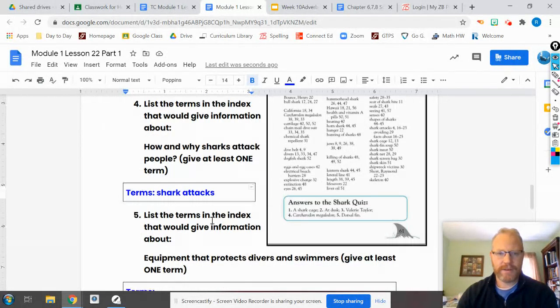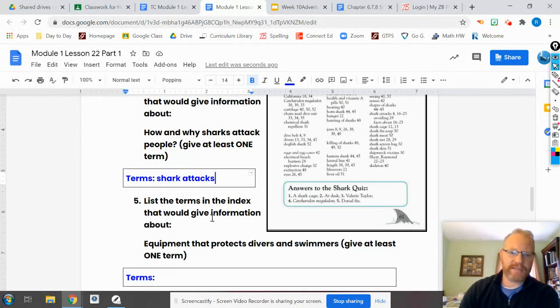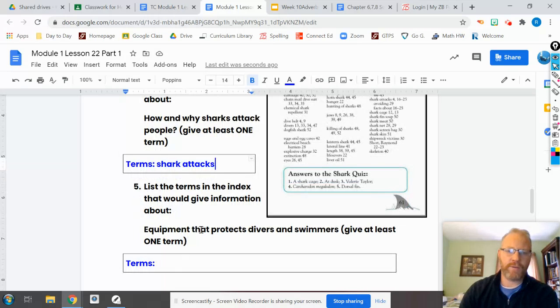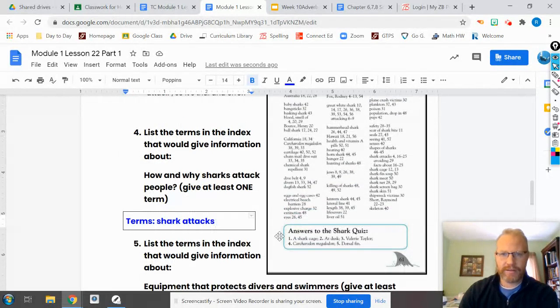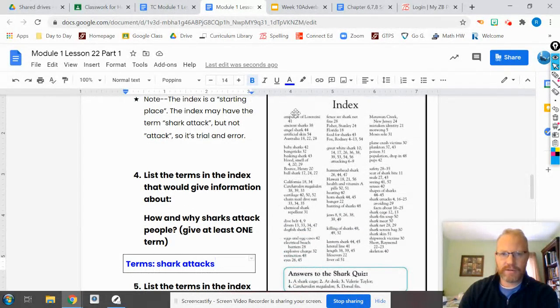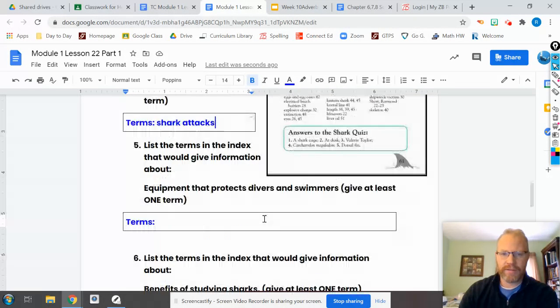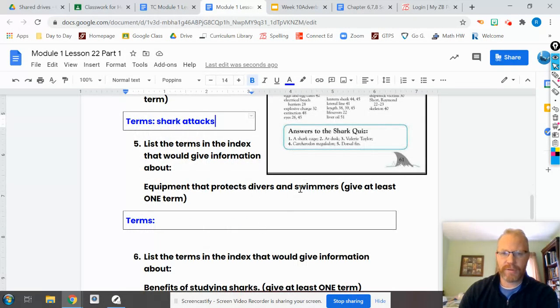Moving on. List the terms in the index that would give information about equipment that protects divers and swimmers. So we have to give at least one term here. Look in this index. Read through these terms. Do you see anything that would be about divers and swimmers having protection?